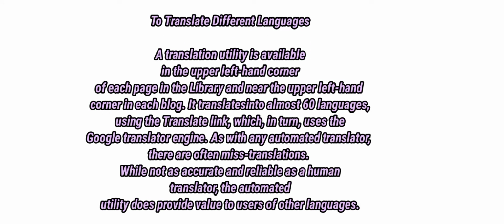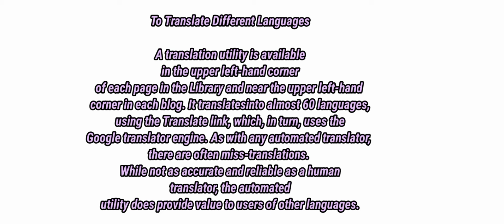To translate to different languages, a translation utility is available in the upper left-hand corner of each page in the library and near the upper left-hand corner in each block. It translates into almost 16 languages using the Translate link, which in turn uses the Google Translate engine.